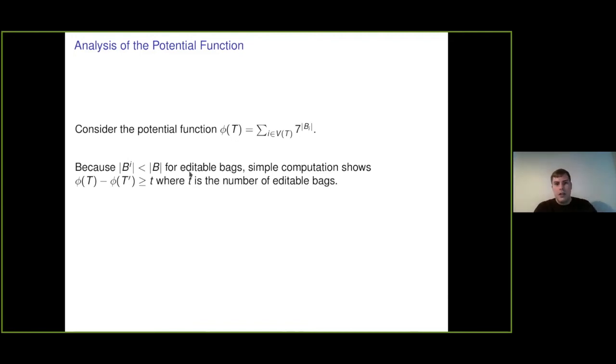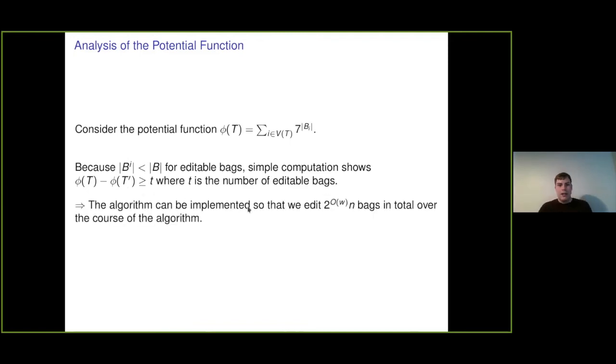Then we can do some computations, so that the difference of this potential function is bounded by the number of editable bags. So our algorithm can be implemented so that we edit at most a number of bags that is single exponential in the width and linear in n over the course of the whole algorithm, by this potential function.